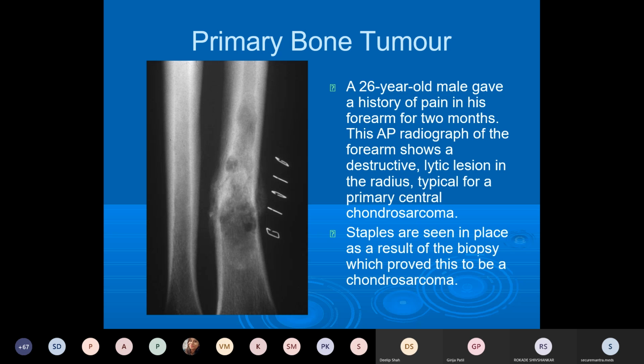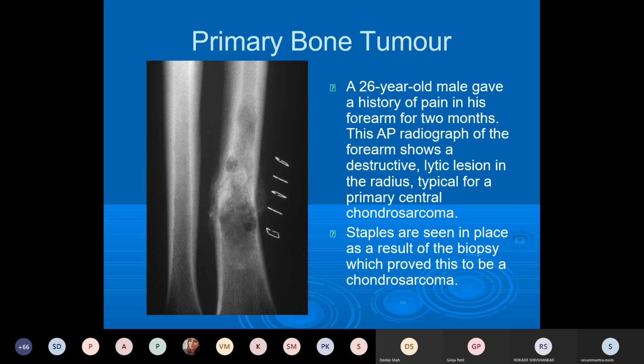So you can see adjacent bone. It's very clear. The outer is the cortex, the inner radiolucent area is the medulla. But in this bone, there is destruction of the cortical margins on both sides, destruction of the medulla, and this is not the homogeneous density we can see on the X-ray.